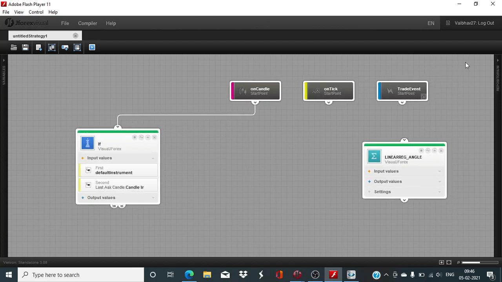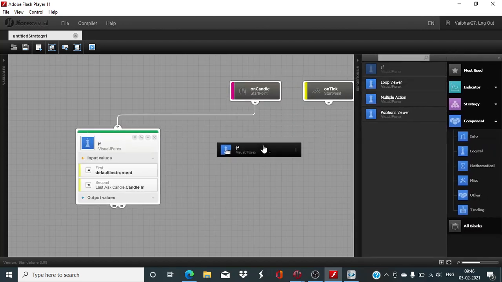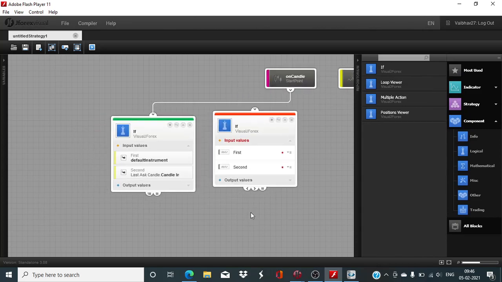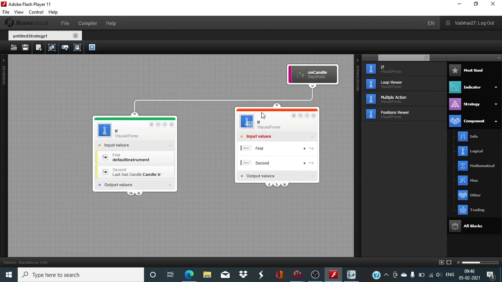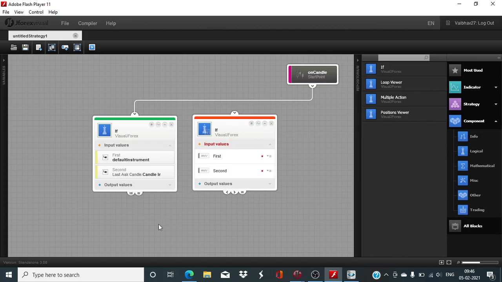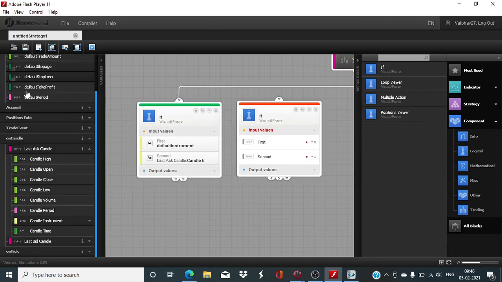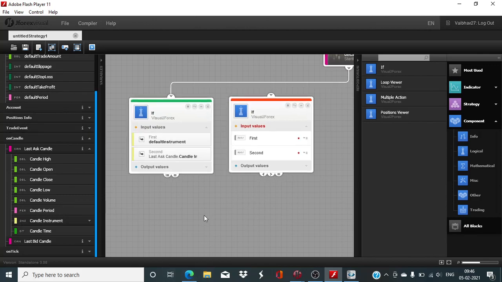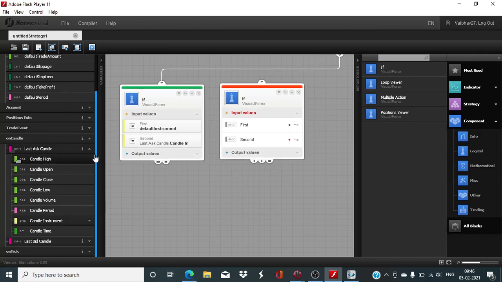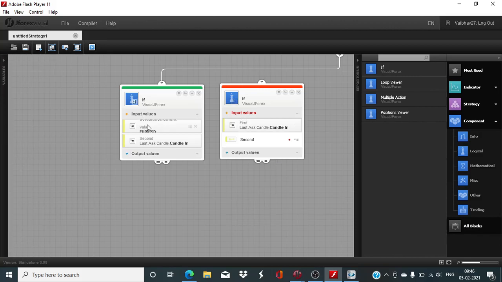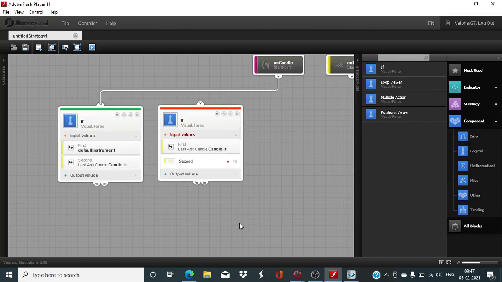So here last ask candle, candle instrument, and here also we will have to make sure that the instrument is the same in both of these conditions. And for today's session, we will work with the Euro USD.